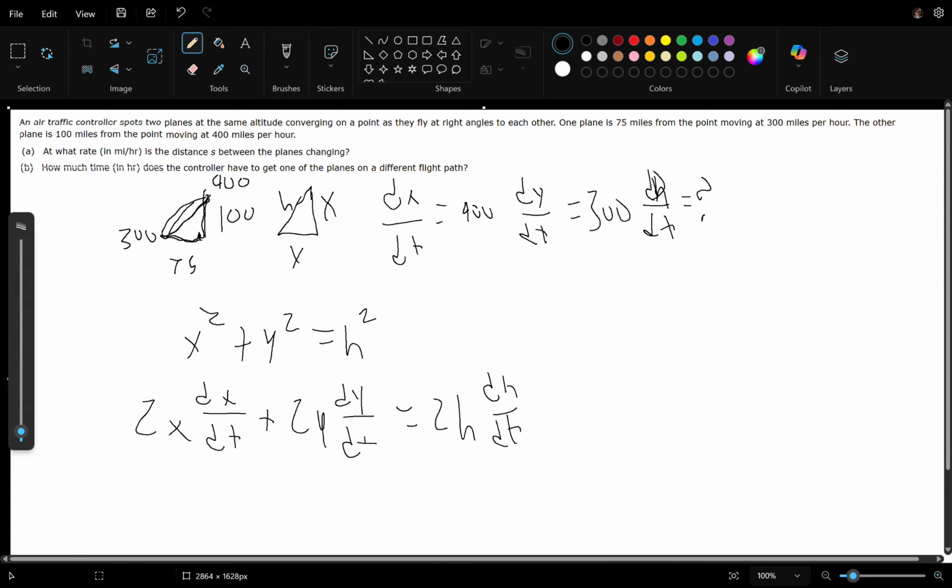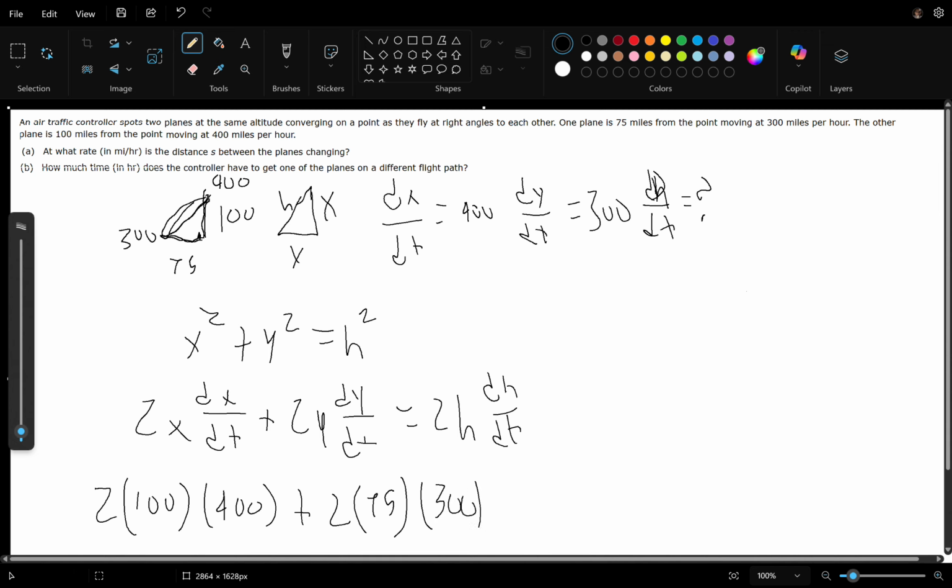So we got 2, and then x was 100, so we plug in 100, and then we got dx dt, which equals 400. So 400, and then we add that to 2, and then the next one, y, which is 75, multiplied by dy over dt, which was 300.